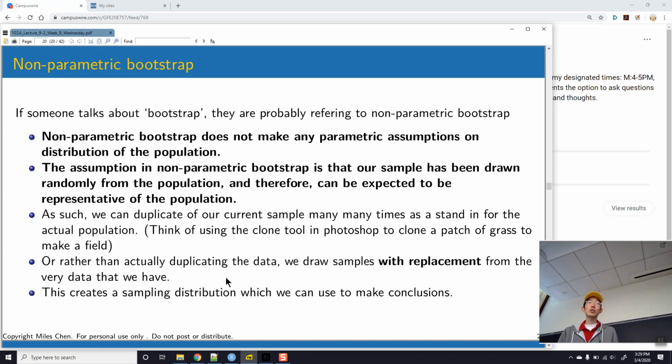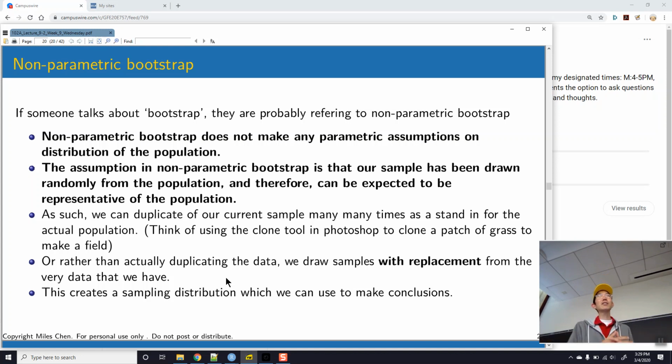So then what I'm going to do is say, well, I don't know the actual population, but here is my random sample, so I'm going to basically copy and paste it a whole bunch of times. I'm going to clone it a whole bunch of times, and now I've got a whole bunch of people, and I'm going to call this my population.